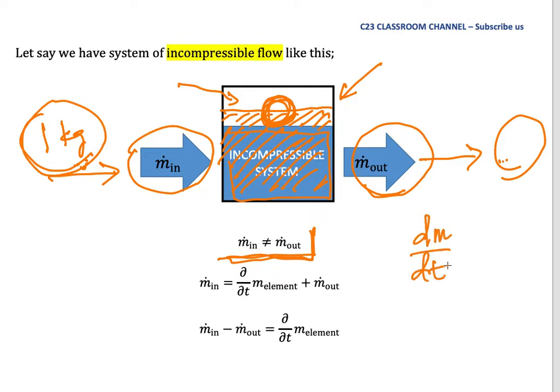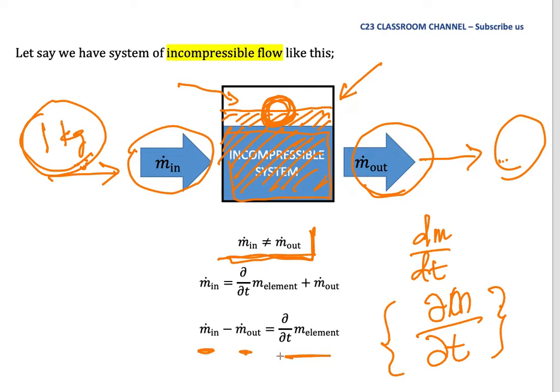Some people write del m over del t, which is just the partial differential, but it is okay to write dm dt, because we are not particularly looking at changes in the x, y, z axes. So we write the mass flow rate in minus the mass flow rate out is equal to dm over dt.